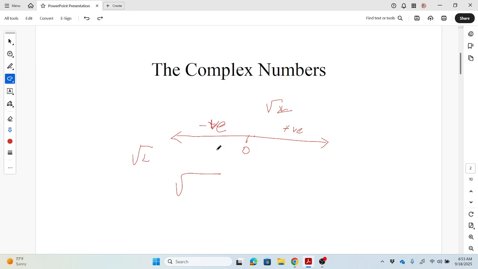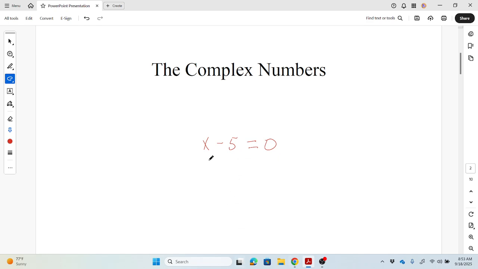So when we try to solve a problem like this, for example, let's say x minus 5 equals 0, for what value of x is this equation true, then you can say that, hey, for x equal 5, this statement is true because x equal to 5 makes 5 minus 5 zero.